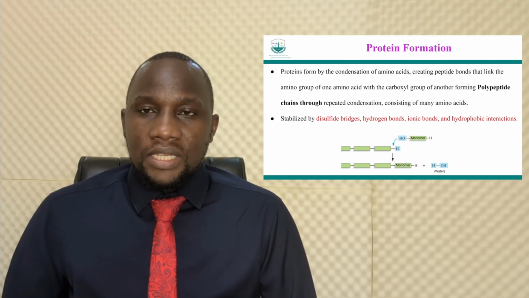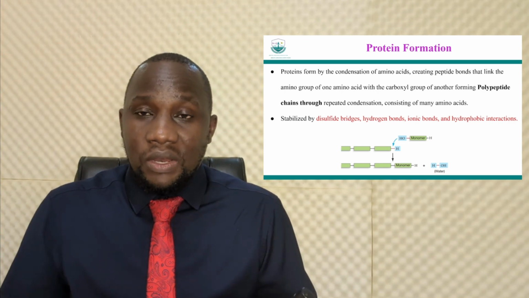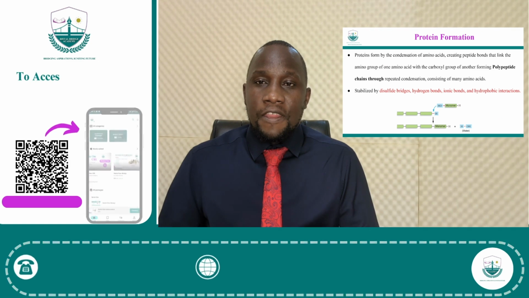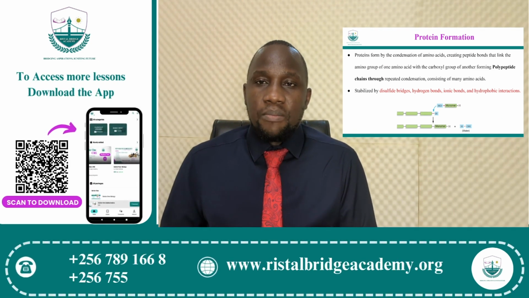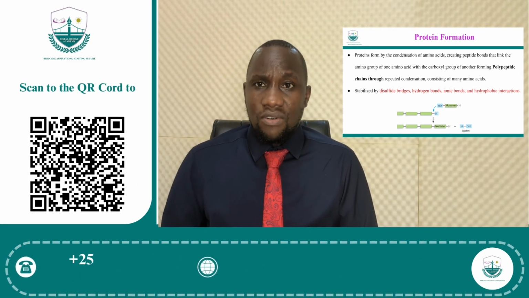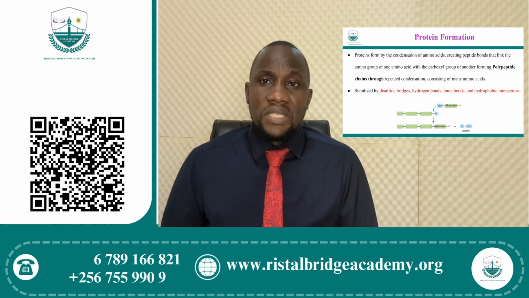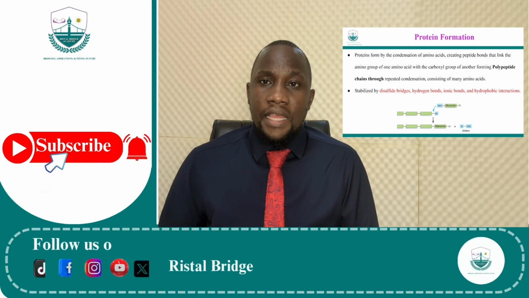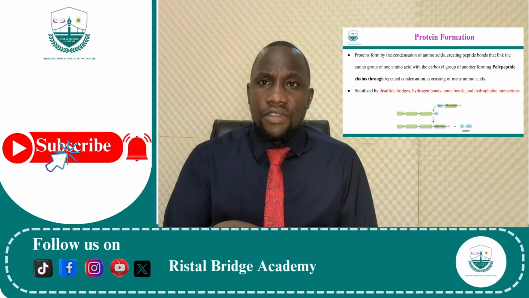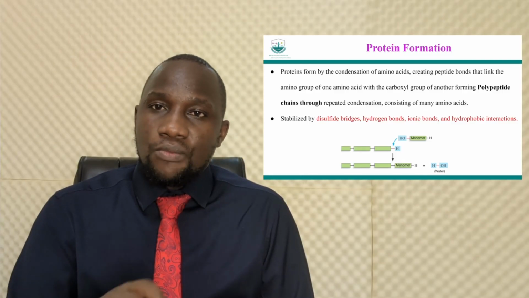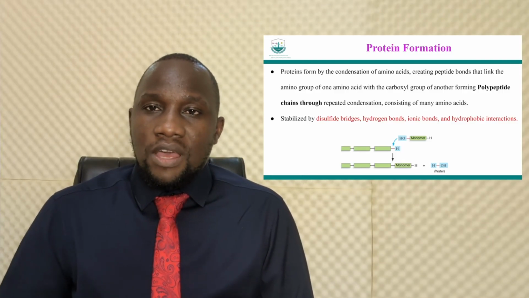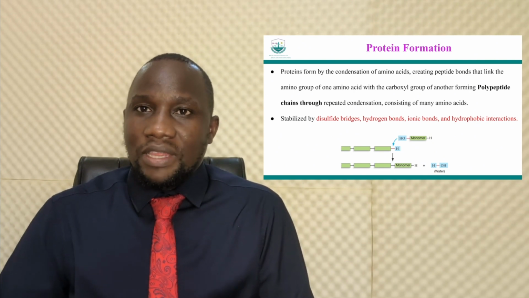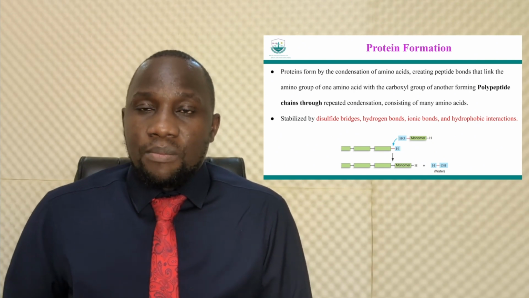Given that the protein can be very long, it can actually fold. The protein molecule can fold, and the foldings result in interactions between the different parts of the same protein. So we have different parts interacting with other parts of the same protein molecule.